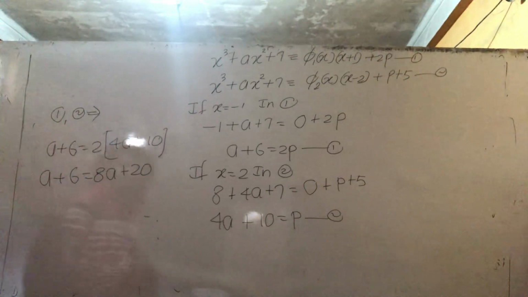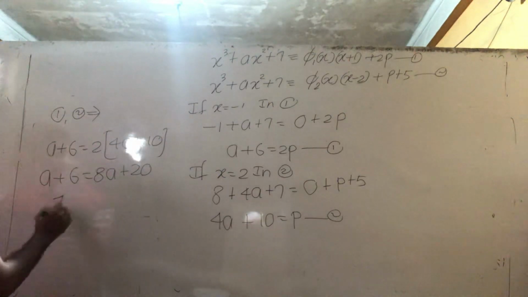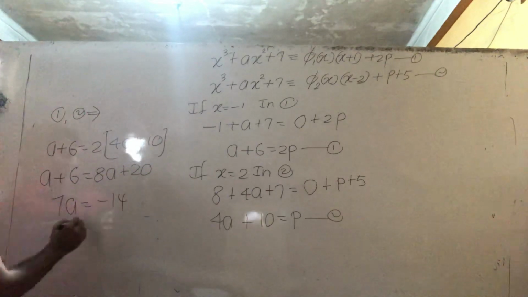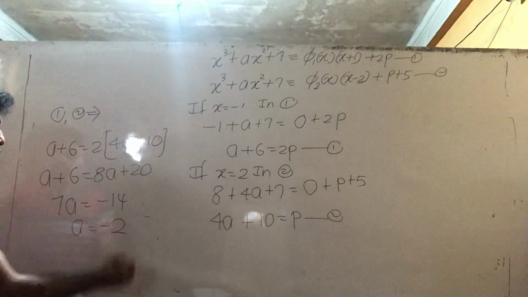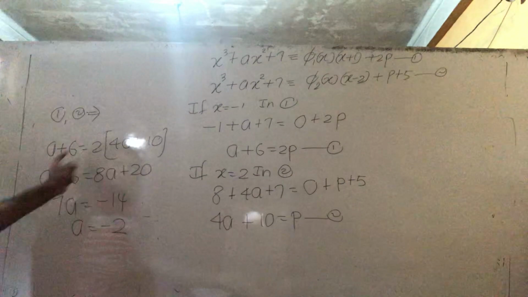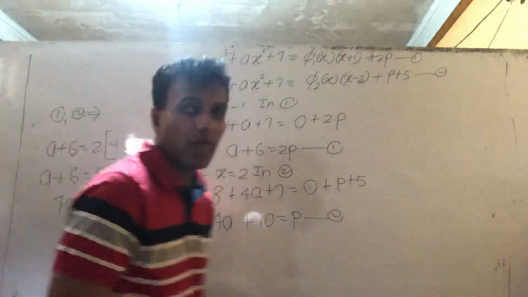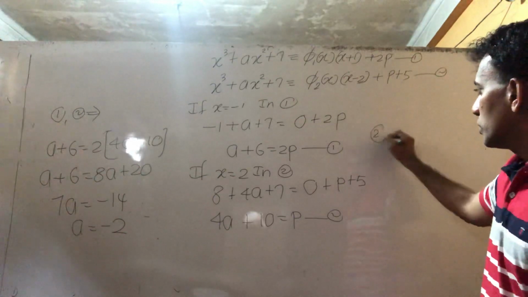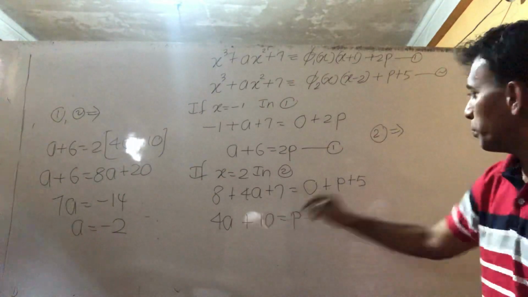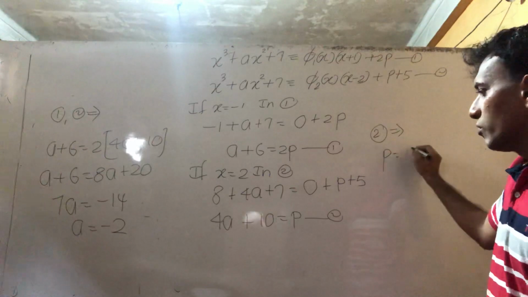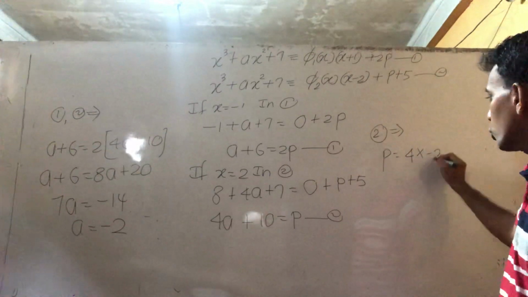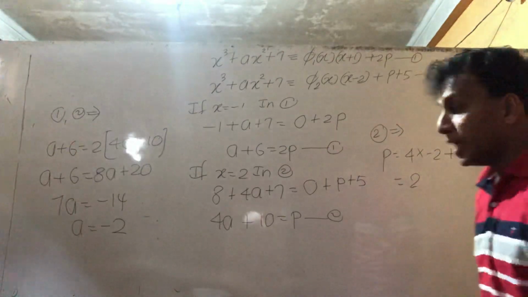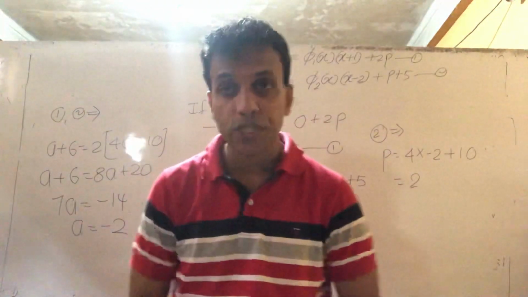Rearrange, that is 7a equals minus 14. Is it? a equals minus 2. Then what is p? Substitute in the first or second equation. Second equation: p equals 4 times minus 2 plus 10, minus 8, therefore 2. a is minus 2, but p is positive 2, right?